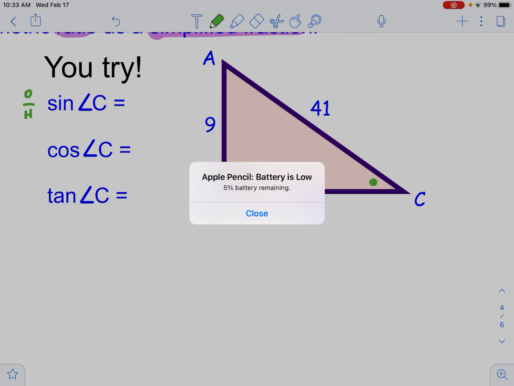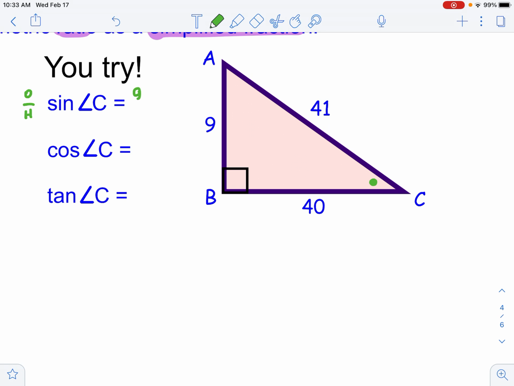All right, for sine, I need opposite over hypotenuse. So opposite's 9. Hypotenuse is 41. Cosine is adjacent over hypotenuse. The side that touches it, that's not the hypotenuse, is 40 over hypotenuse, 41, because that's adjacent over hypotenuse.